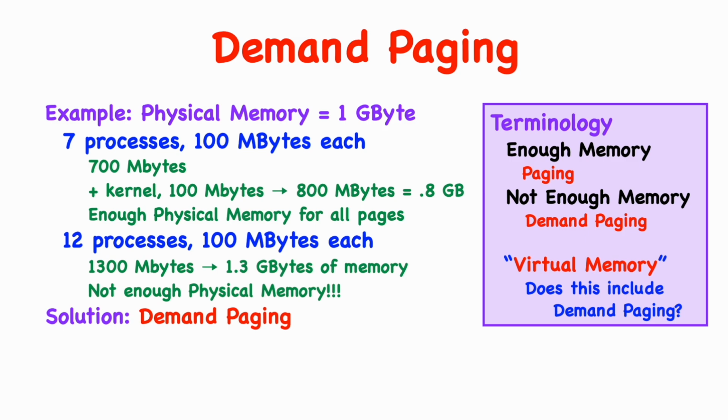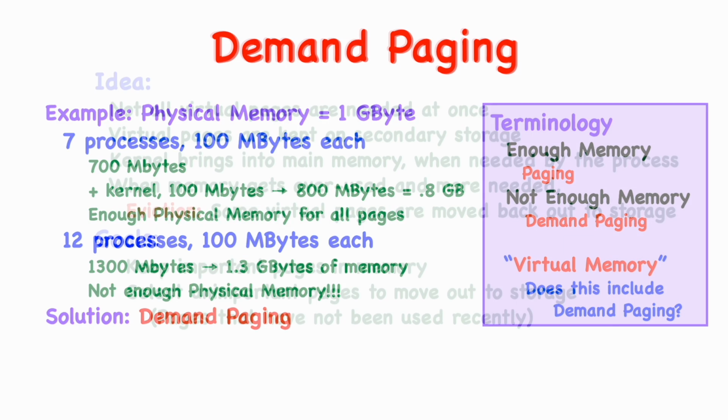Probably it is, but these terms are more general and might refer to systems that do not implement demand paging and can only run so many processes before memory is exhausted. And again, your Linux or Unix-like system is almost certainly implementing demand paging.